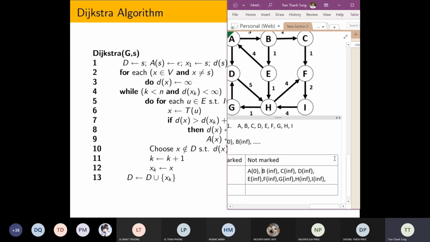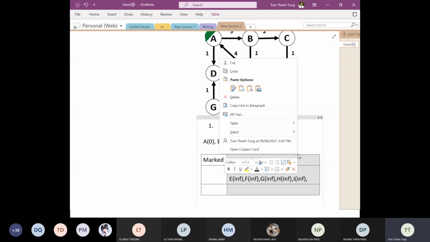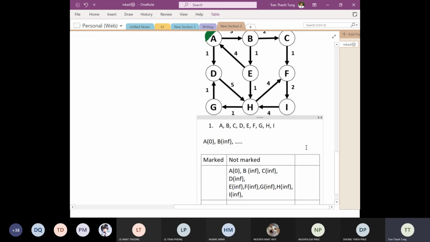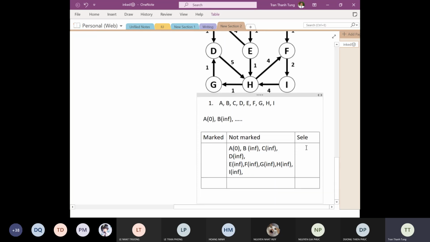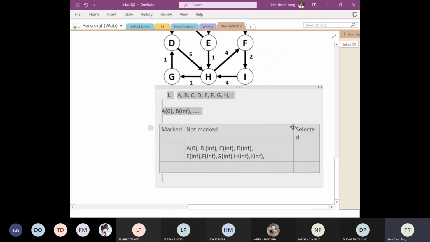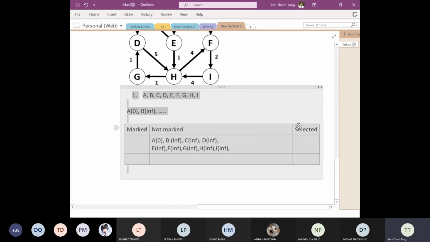We may need one more column. How can I add one more column? Table, insert column. Okay. So here we select A0. The marked set will be A at the beginning.